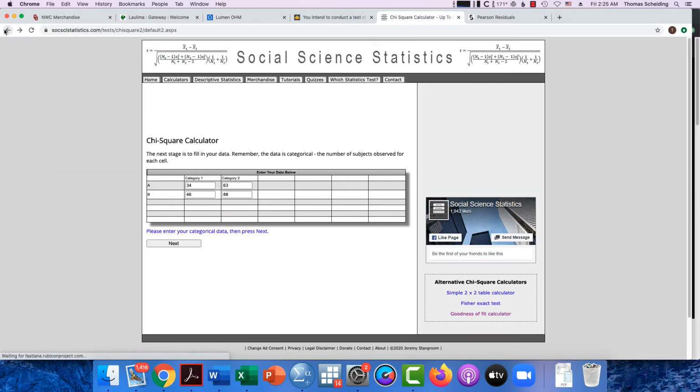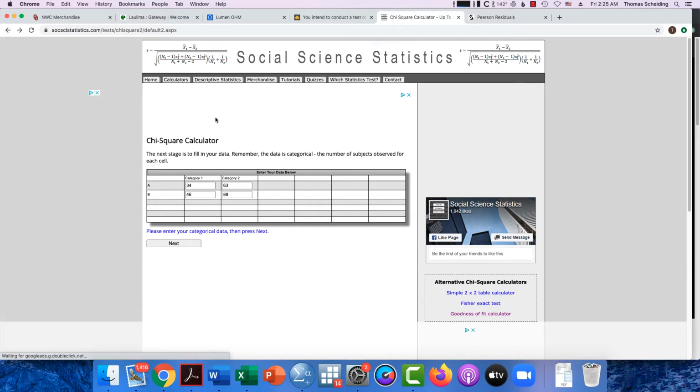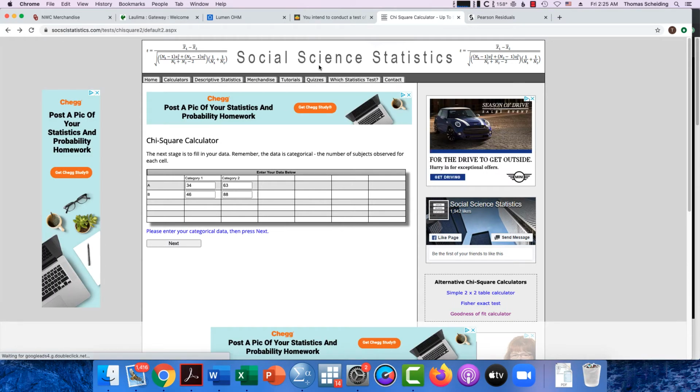I just got this one from the chi-squared calculator from Social Science Statistics, and wow, apparently it really thinks that I want to go on Chegg and look up my answers and cheat. But that wouldn't be good because then you wouldn't learn the material. So in this chi-squared calculator from SociSciStatistics.com, I just typed in my numbers here. Typed in next.